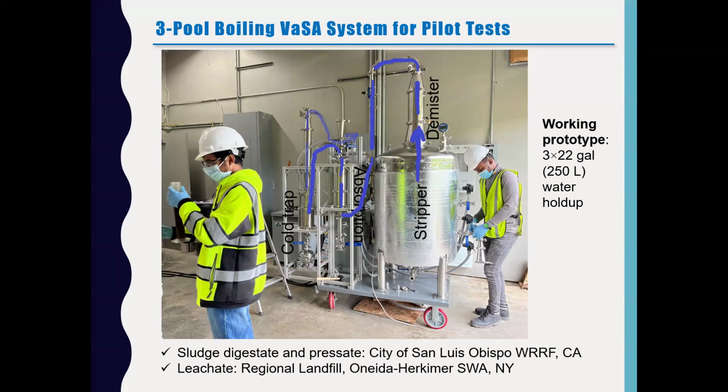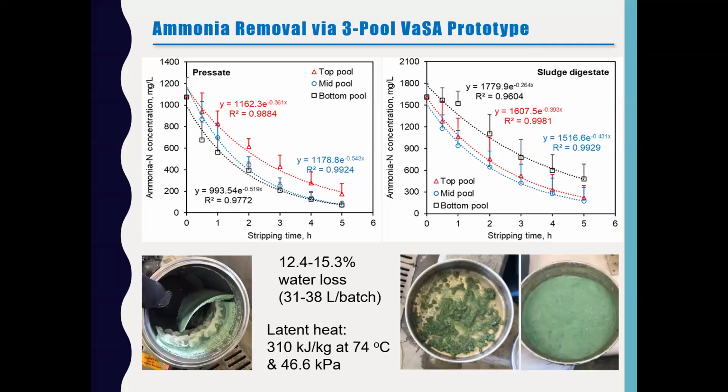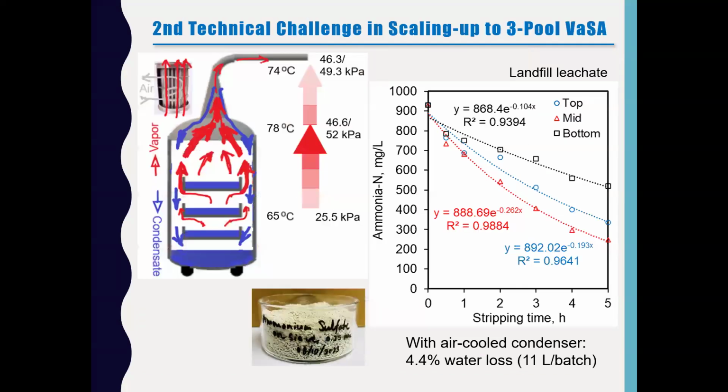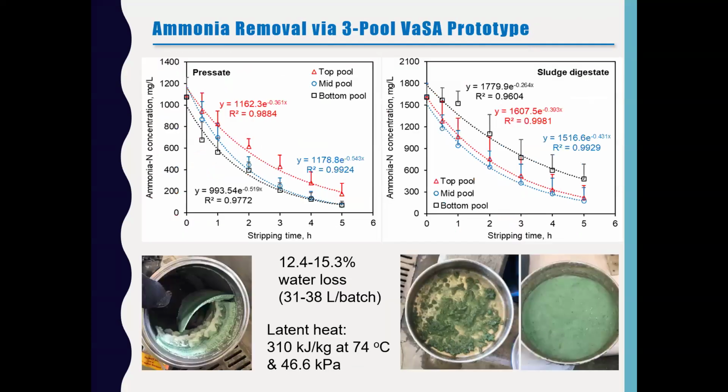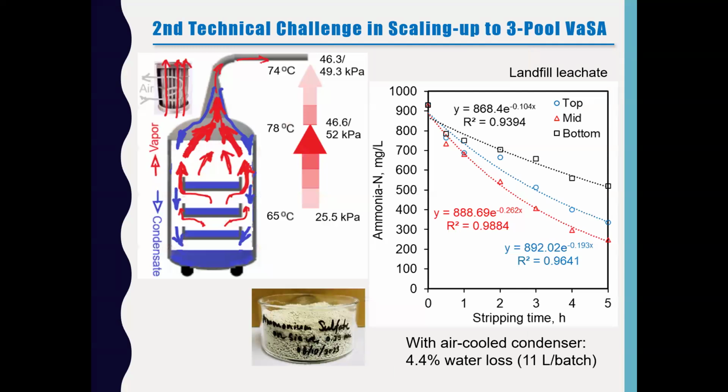So we reduced the water vapor loss, increased water reflux, and were able to recover almost all the stripped ammonia. And based on this sketch, if we install nine tanks in one stripper, the principle can change.